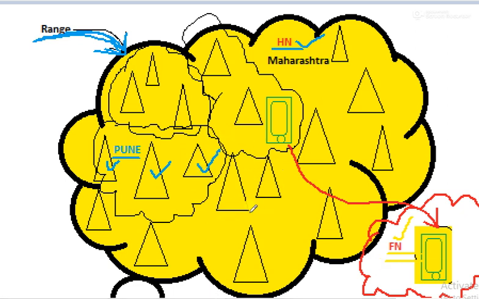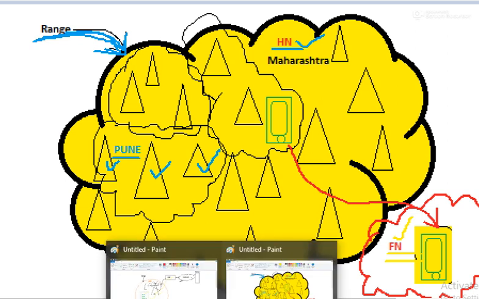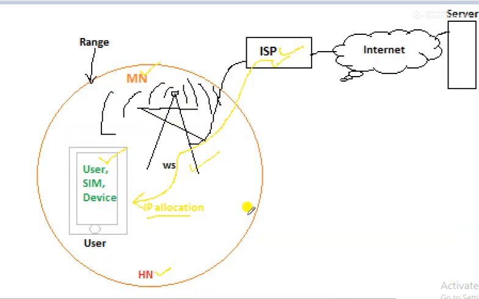Again, I'm repeating, this is nothing but what is explained in this example here. Don't consider that when the user is in the home network there should be only a single wireless station.